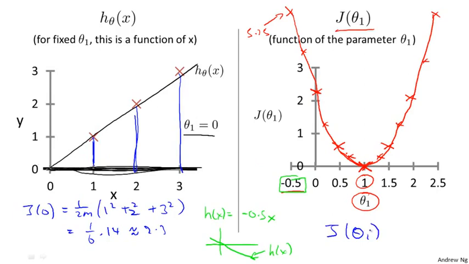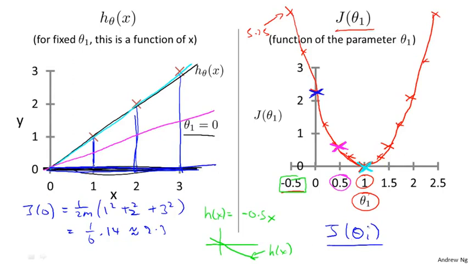For example, theta 1 equals 1 corresponded to this straight line fit through the data, whereas theta 1 equals 0.5, this point shown in magenta, corresponded to maybe that line, and theta 1 equals 0, which I'm going to show in blue, corresponds to this horizontal line. So for each value of theta 1, we wound up with a different value of J of theta 1, and we could then use this to trace out this plot on the right.